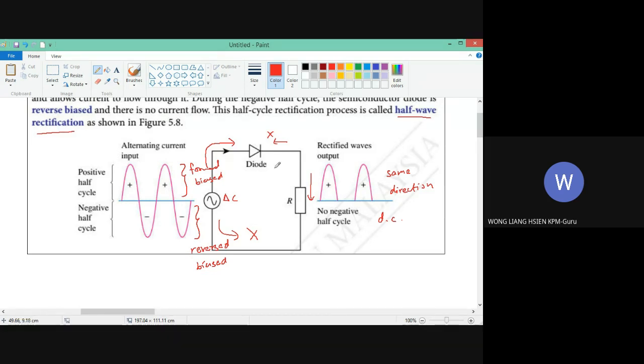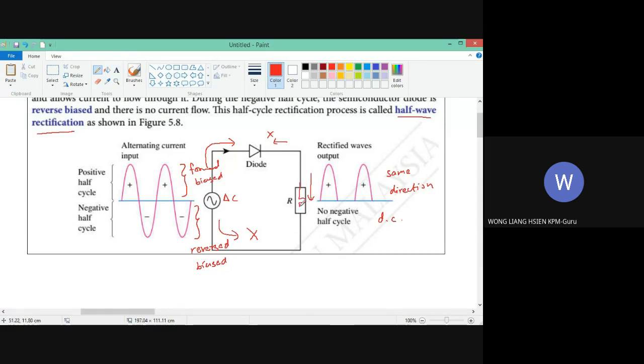So is this good or not? Of course, this is not good. Why? Because it only allows half of the electrical energy to pass through. I repeat, only half of the electrical energy can pass through the diode. The other half cannot pass through.